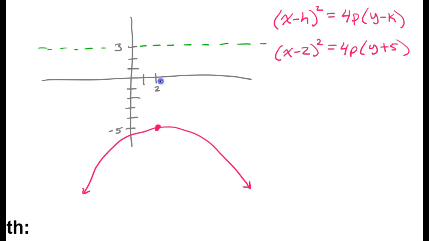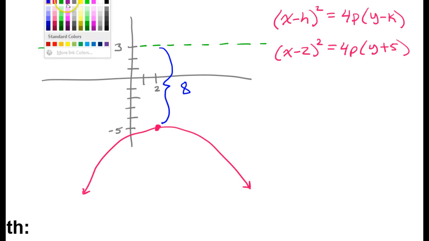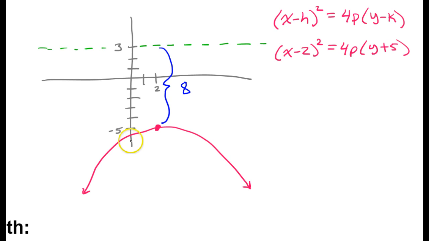So let's see, how far apart are these? Maybe you will notice that this distance right here is 8. I can tell that without really counting because this is down 5, this is up 3, that's a distance of 8. So what I need to do is go a distance of 8 again, and that will be my focus.